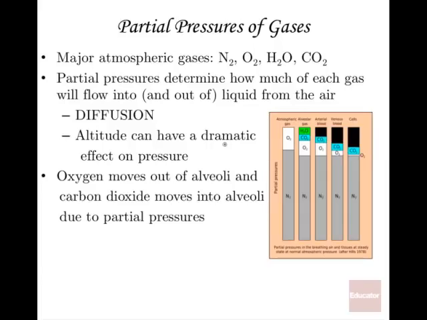You go up, let's say, 2,000 meters, 4,000 meters, you're going up really high in the mountains. There's a lot less gas, specifically oxygen gas. So the partial pressure of oxygen at that altitude, much less.